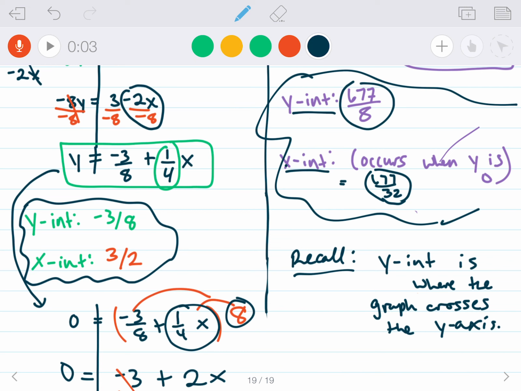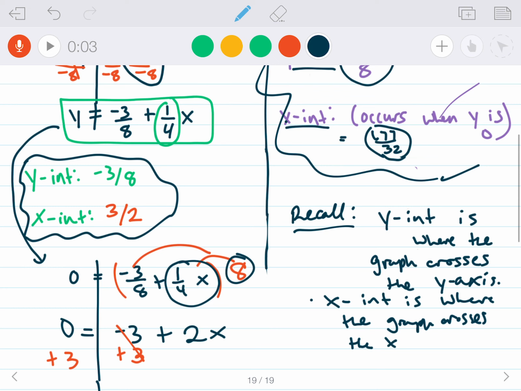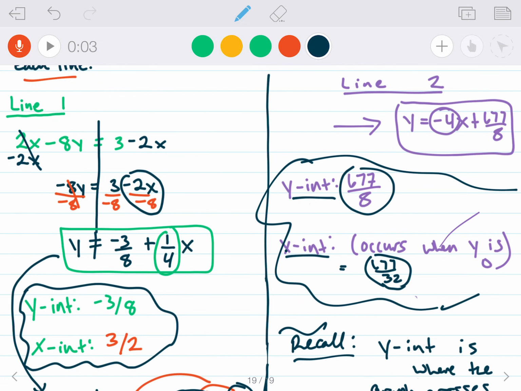So it makes sense that the x-intercept is where the graph crosses the x-axis. Okay, so that's a little side note. And you guys should put this equation in Desmos, and you should put this equation in Desmos and verify that the x and the y-intercepts are what we said that they are.